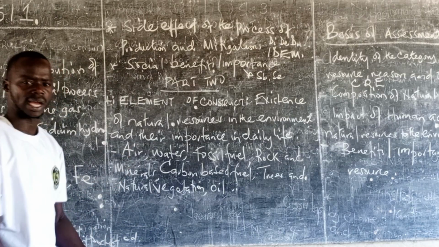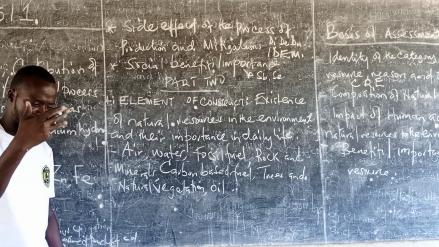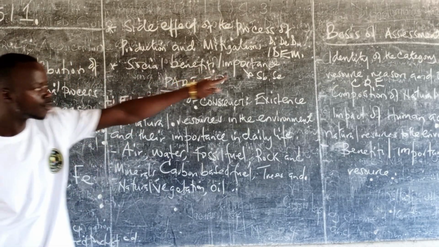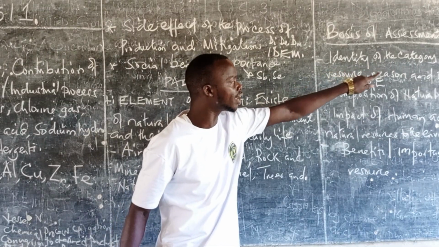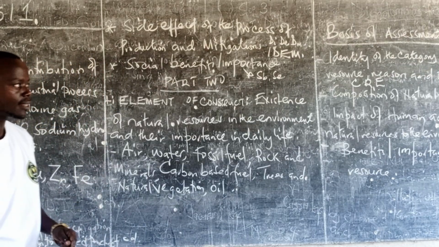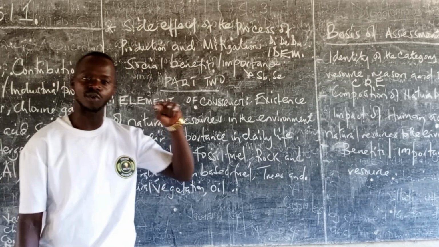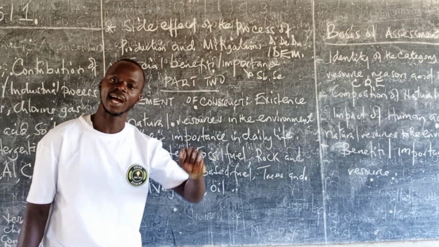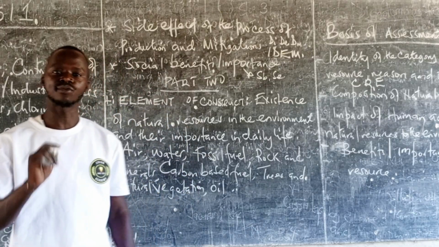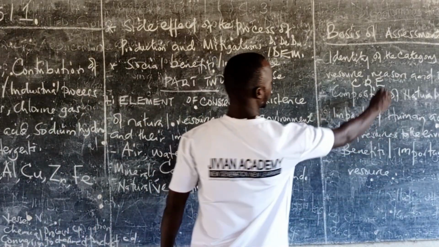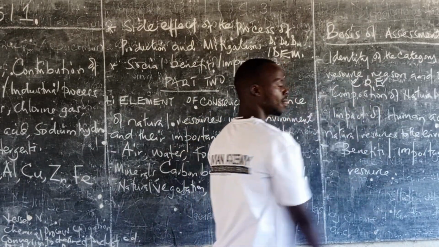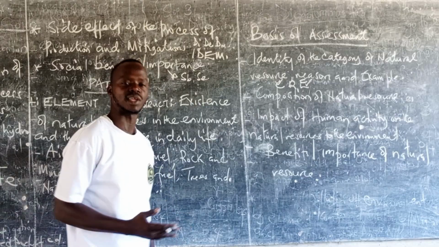Now, if the scenario is about air, and you identify air as the natural resource being talked about, then in that first subcategory, which is the identity, category of natural resource, reason, and example, we expect a learner to say that air is a renewable natural resource. Mark me very well. Air is a renewable natural resource because it can be replaced by natural processes in man's lifetime. So by saying air is a renewable natural resource, you give me the category, and because it can be replaced by natural processes in man's lifetime, you are giving a reason.